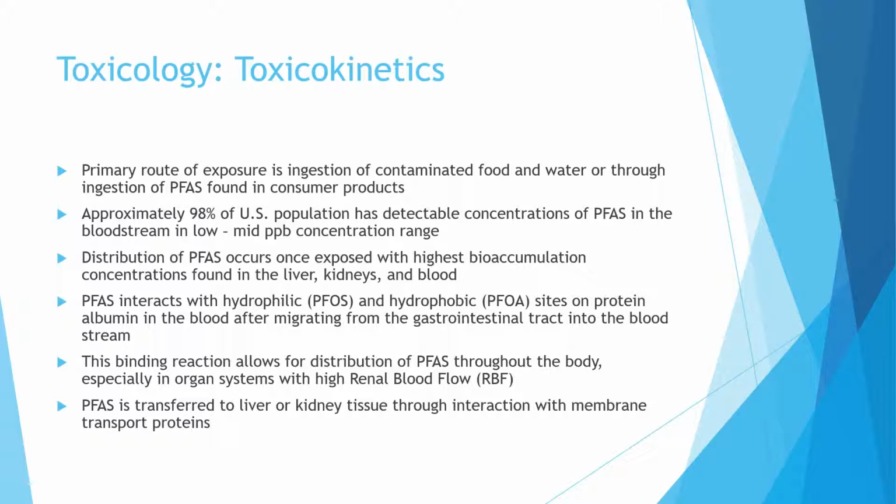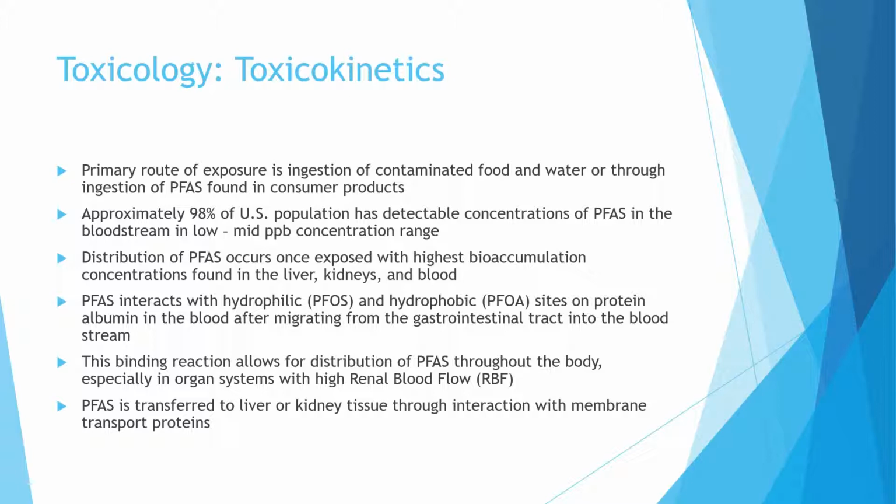This shows that these compounds are able to bioaccumulate in the body. Once in the body, PFAS can be distributed from the gastrointestinal tract into different parts of the body. The highest bioaccumulation concentrations are typically found in the liver, kidneys, and blood.